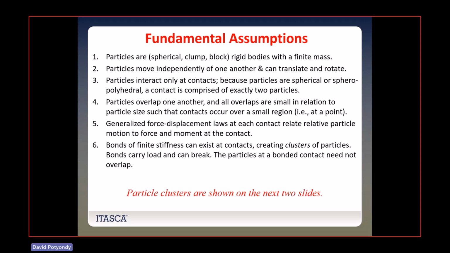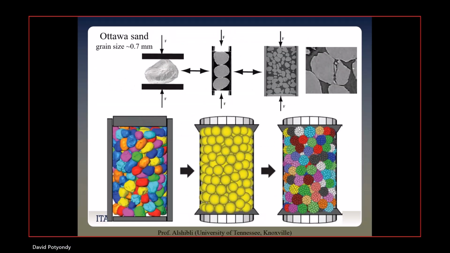What do I mean by clusters? On the upper left, you're actually seeing a micrograph of a real Ottawa sand grain. So you see the length scale, 0.7 millimeters. What you're seeing here is 3 Ottawa sand grains in a little tiny triaxial cell being compressed.